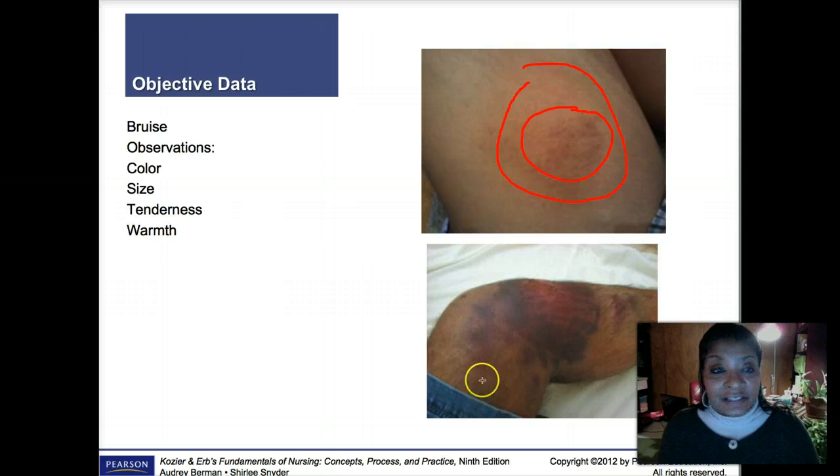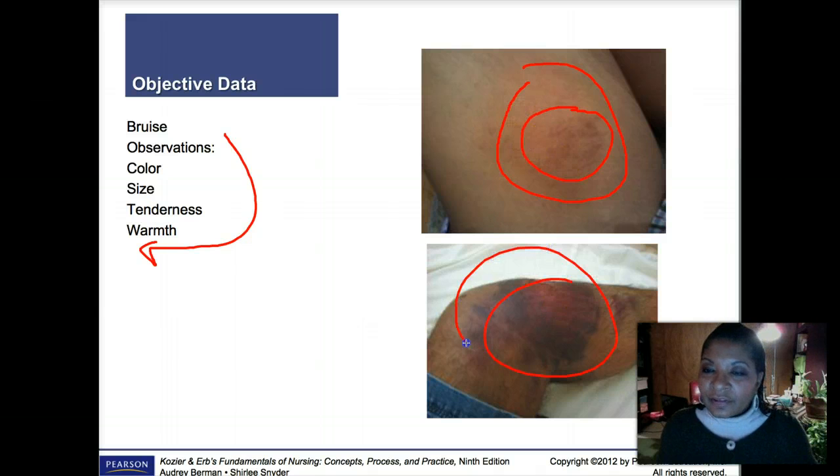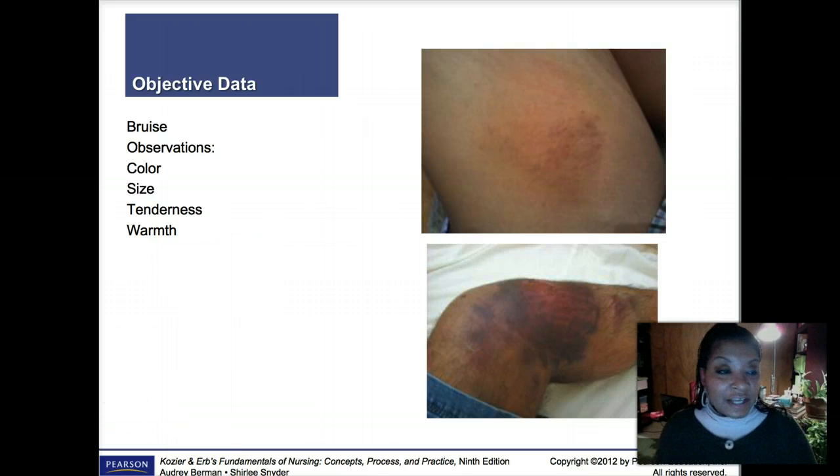Is it intact? So we have a bruise here, and there are other observations that we can make about that bruise. Again, color, size, tenderness. Is the patient able to move the limb? We see something, and then we want to think about other questions to help us better help the patient and do a good and complete assessment.